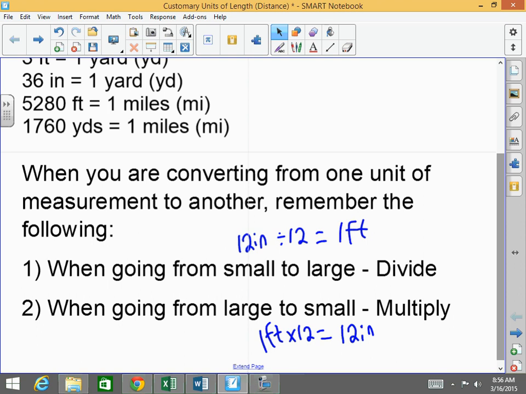When I'm going from small to large, you would think you're going to multiply because you're going to a large unit. You reverse it. It's divide. And when I'm going from large to small, I multiply. It's literally that easy. And that's all you have to learn for today as far as what you have to memorize. Now, let's apply it.